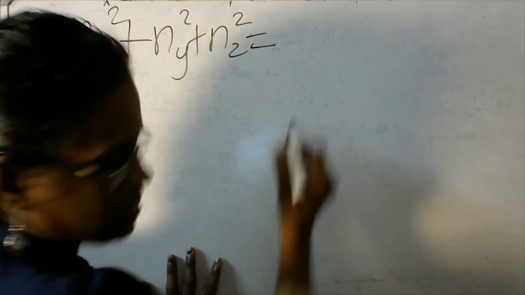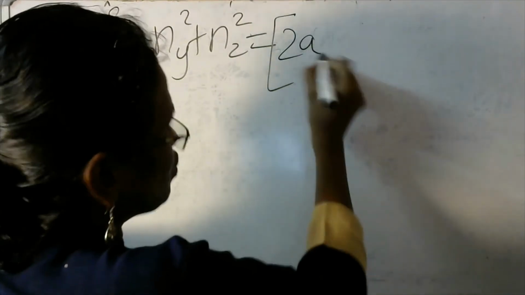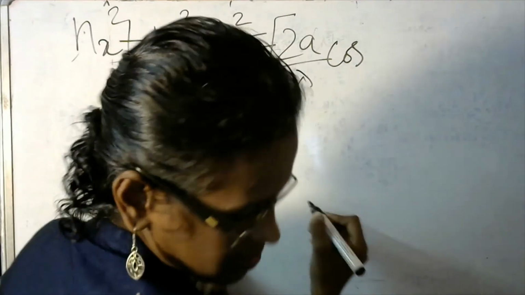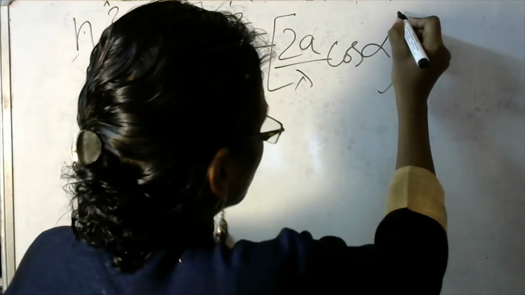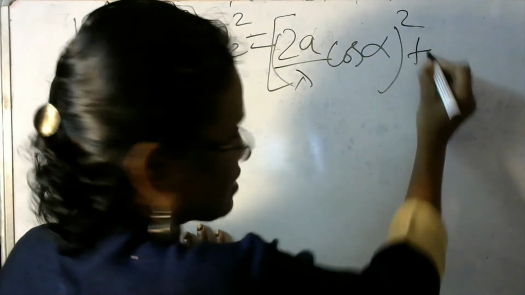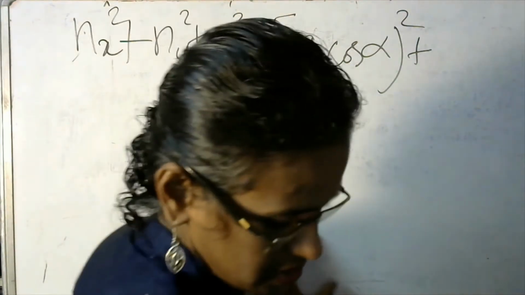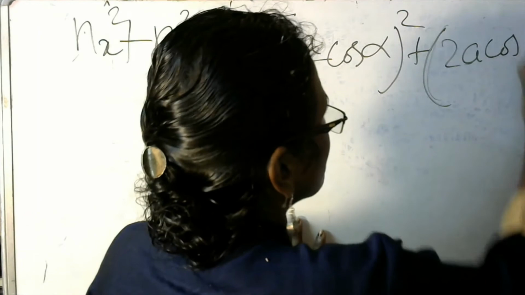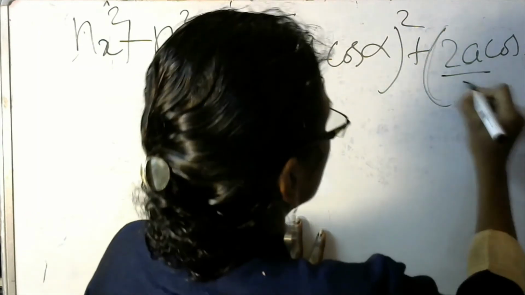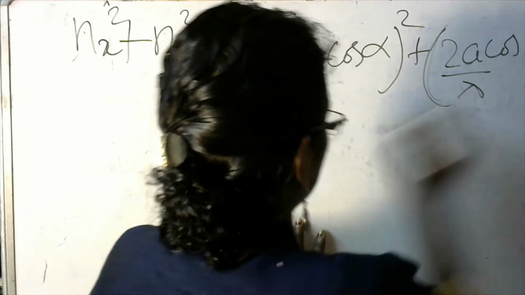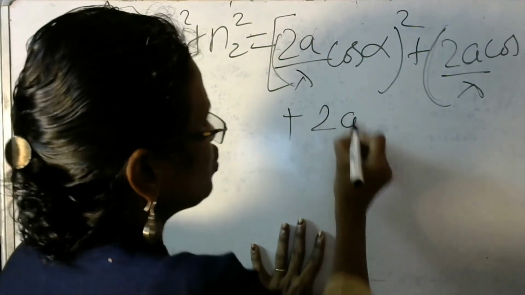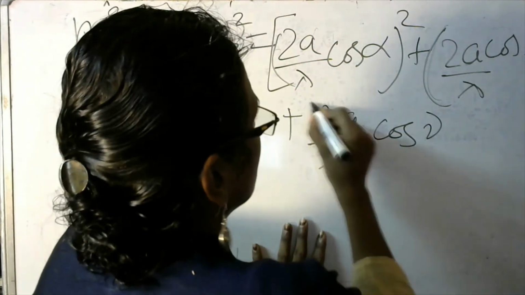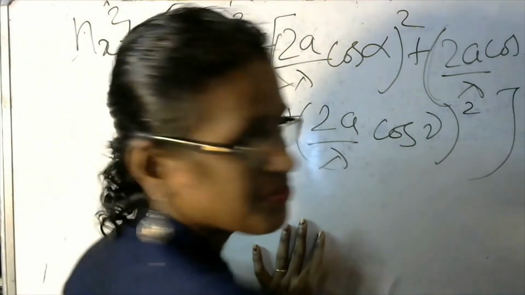So it will become 2a by lambda cos alpha the whole square, plus the next one is 2a cos beta by lambda the whole square, plus 2a by lambda cos gamma whole square.